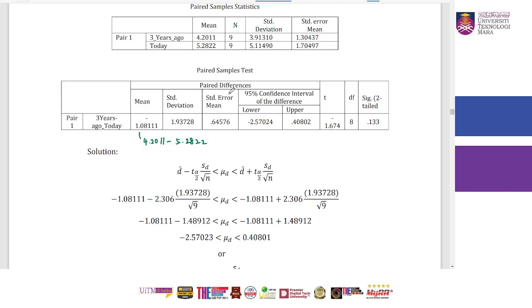And then of course the standard error of the mean, just simply take the standard deviation divided by the square root of the number of samples. So kalau tengok yang ni, kita akan dapat lah 1.93728 divided by square root of 9.